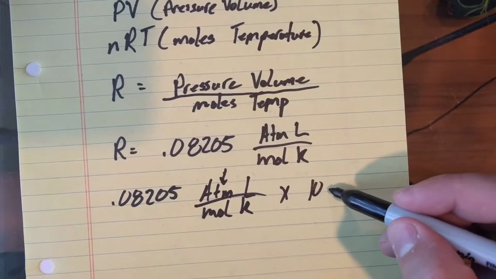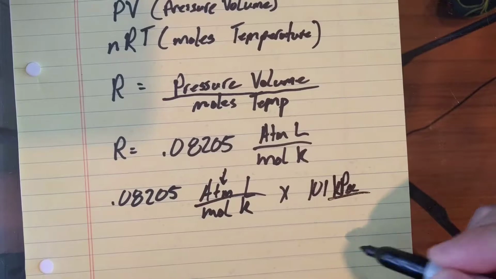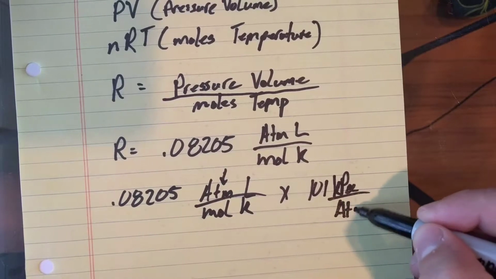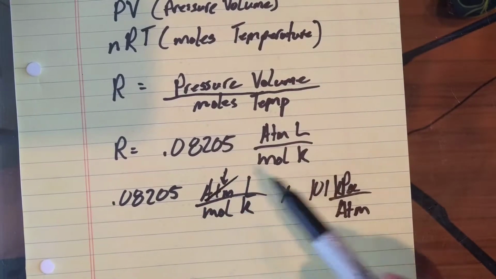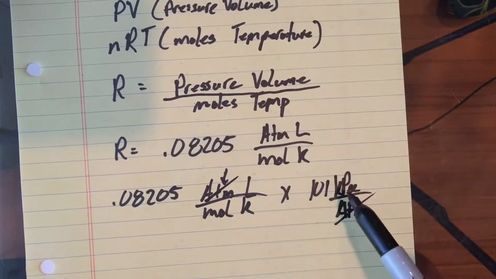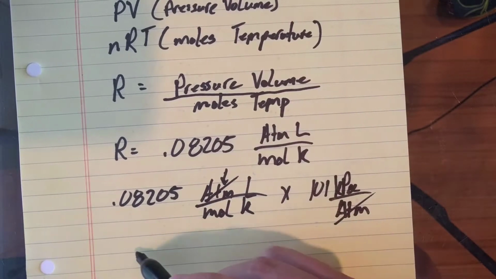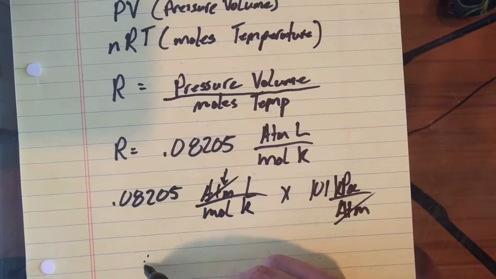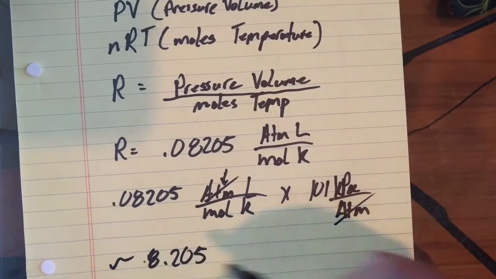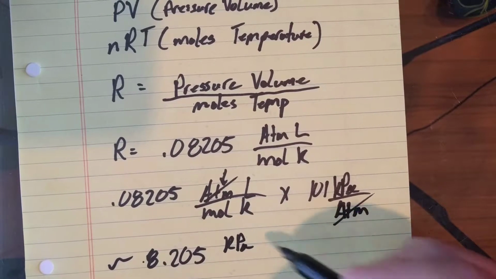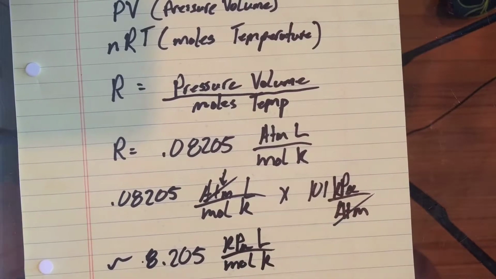I think it's like 101, I think it's kilopascals per atm, right? And so when I do that, this cancels out, and now I have kilopascals, and that's going to come out. So if I multiply it by 100, it just basically moves it over a little bit, so you get 8.205-ish kilopascals liters per mole Kelvin. Okay?